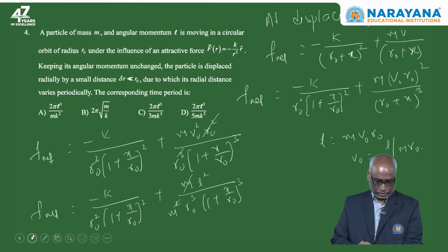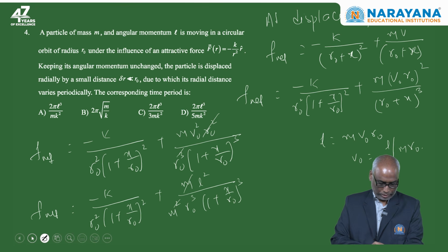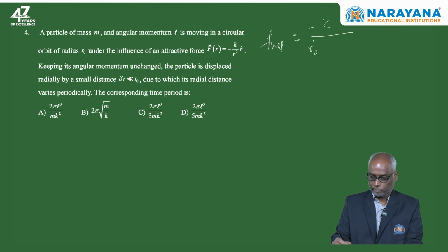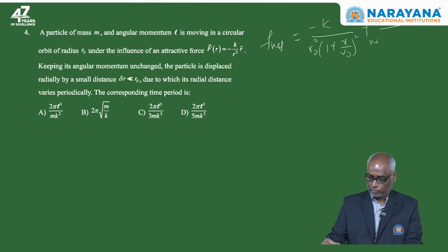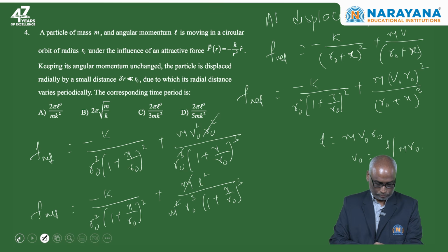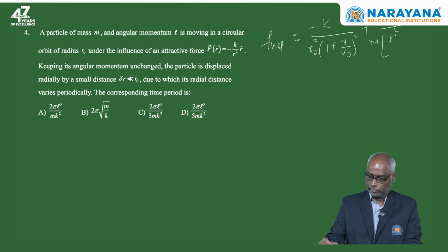So from this equation I can say, we will go to the next slide, net force is equal to minus k by r naught square into 1 plus x divided by r naught whole square, plus L square by m into r naught square, where r naught is nothing but L square divided by mk, into 1 plus x divided by r naught whole cube.